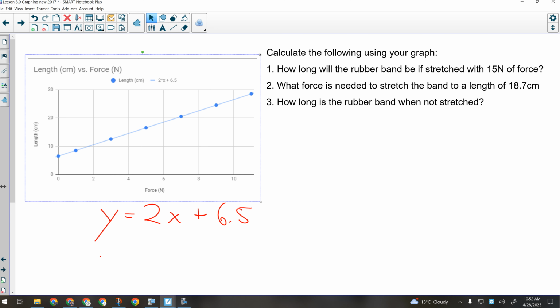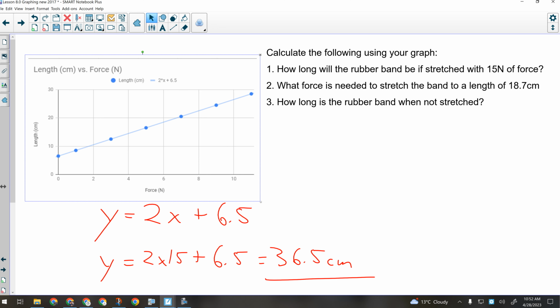So I plug in my numbers here. 2 times 15 plus 6.5. So we're going to have 36.5. And it'll be centimeters. So that's how long the rubber band will be if I stretch it with 15 newtons worth of force. Everyone all right with the math of that?